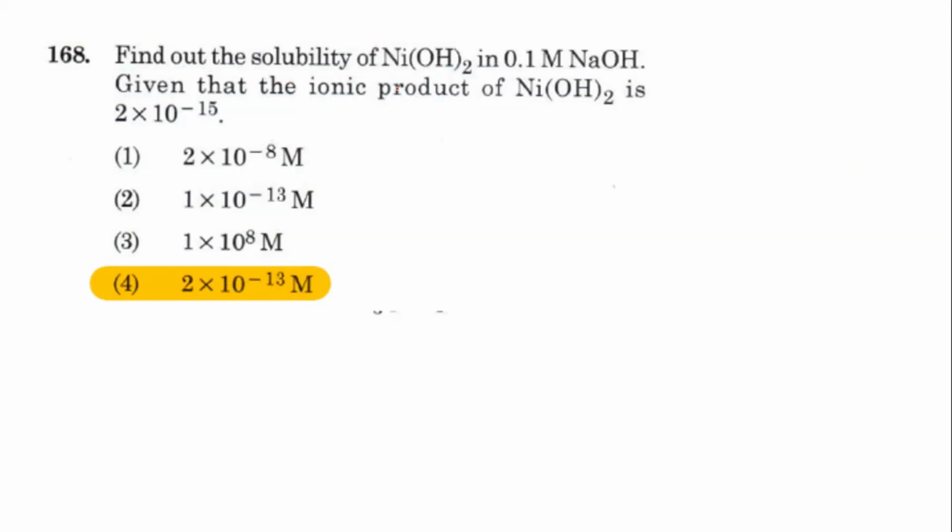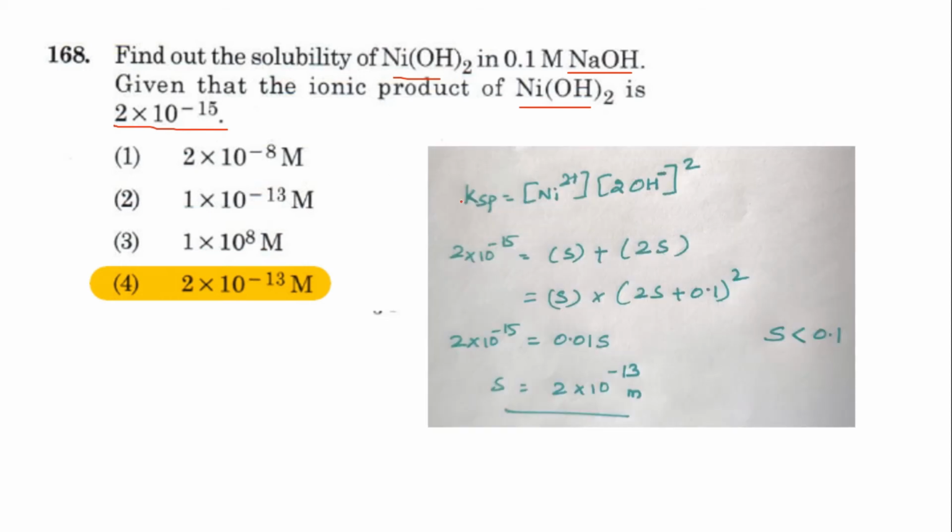Next, find out the solubility of nickel hydroxide in 0.1 mole of sodium hydroxide. Given that the ionic product of nickel hydroxide is 2 into 10 power minus 15. So Ksp equals nickel 2 plus and 2 hydroxide ions. So we'll substitute the value.